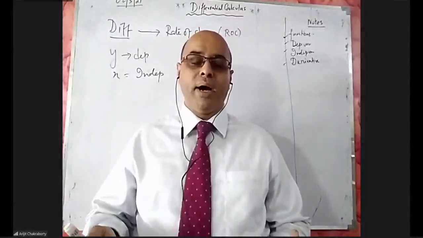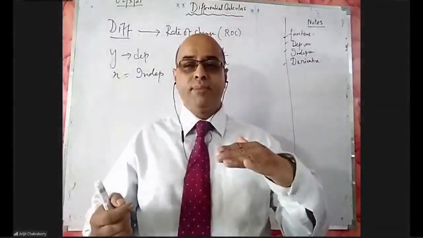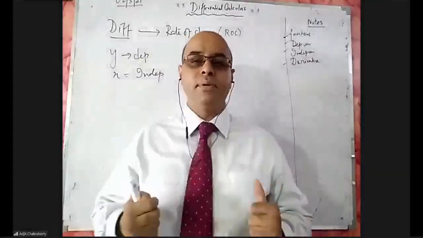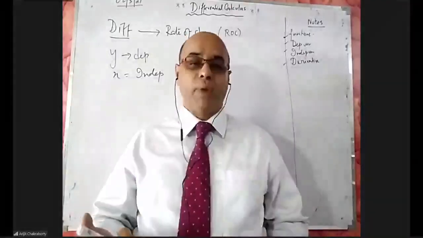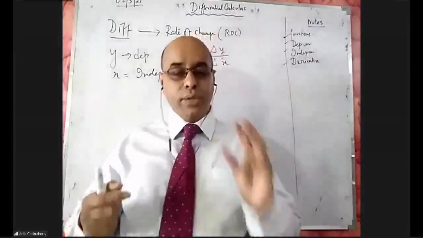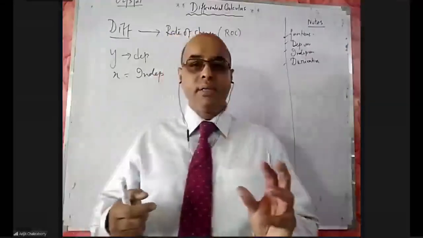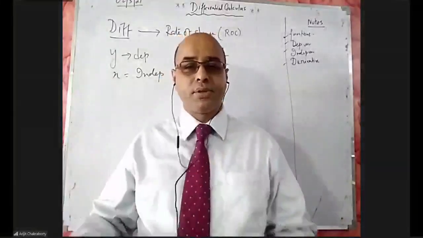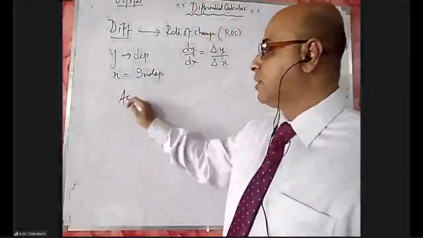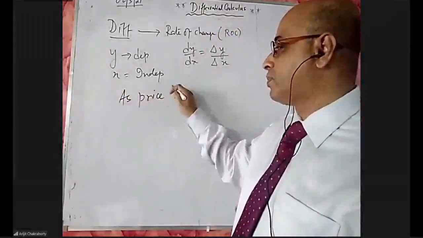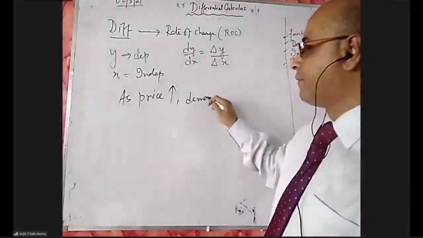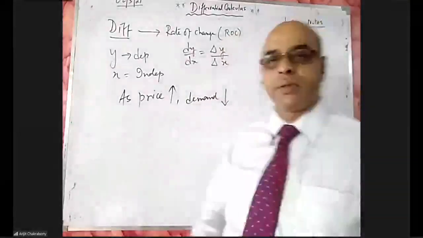When my salary is the same, my income is the same, but the price of commodities moves up, I'm unable to buy. That means there is a change in the demand of that particular commodity because of a change in the price. As price goes up, the demand will fall.